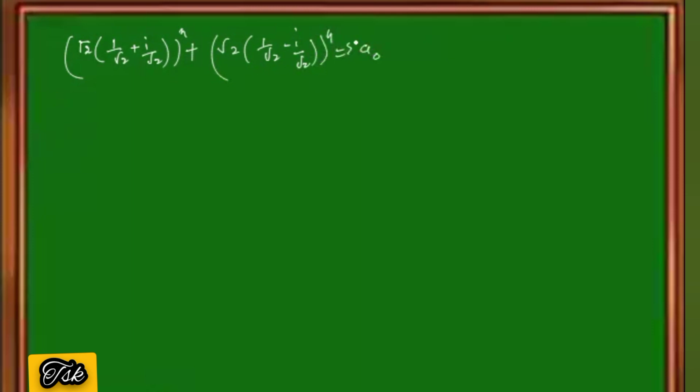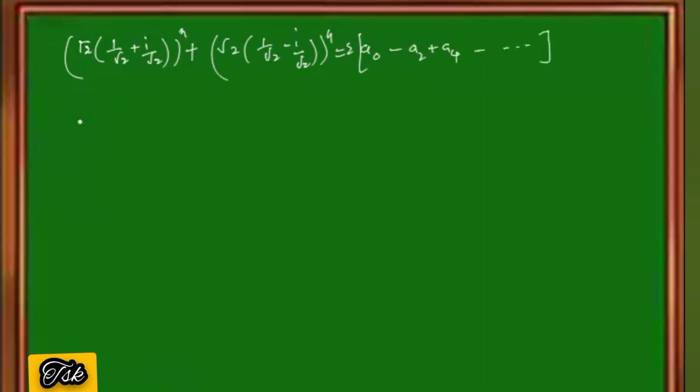Now I can write 1 plus i as root 2 into (1 by root 2 plus i by root 2), and 1 minus i as root 2 into (1 by root 2 minus i by root 2), whole to the power of n, is equal to 2 times (a0 minus a2 plus a4, and so on).